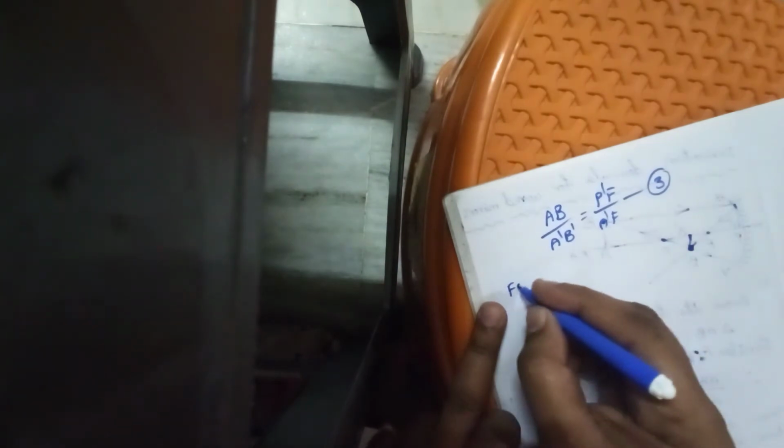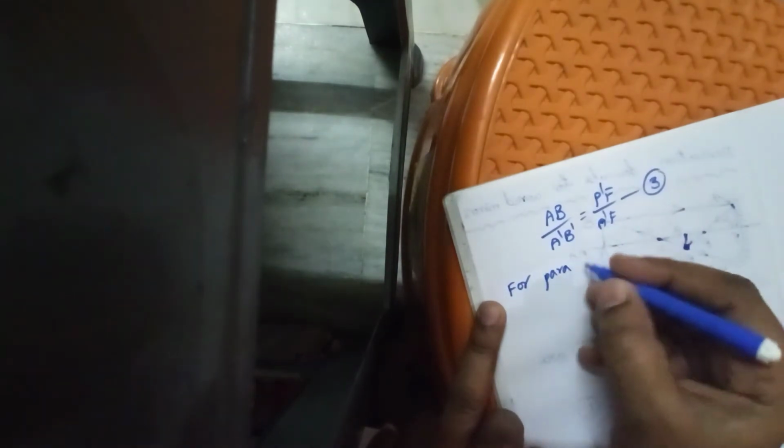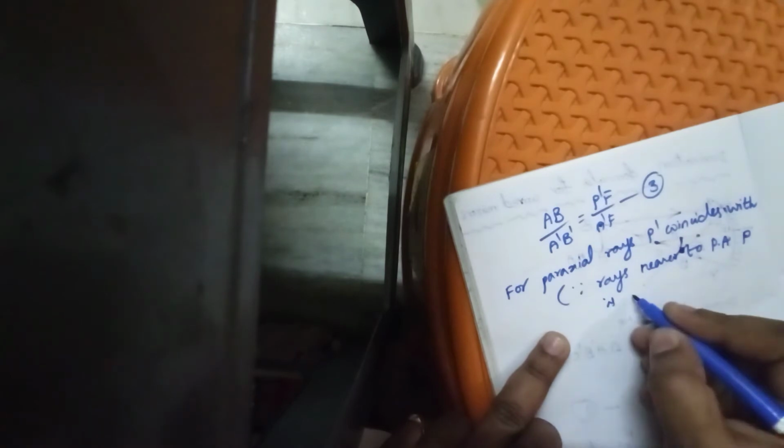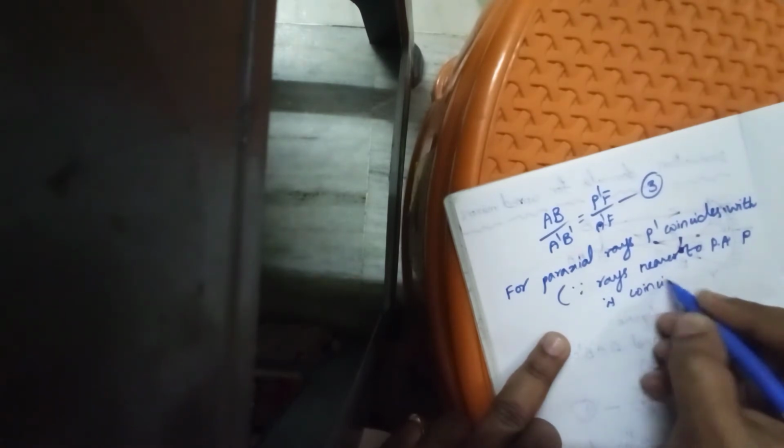So at that time, for paraxial rays, P dash coincides with P. Here since rays nearer to principal axis, P coincides with P dash.